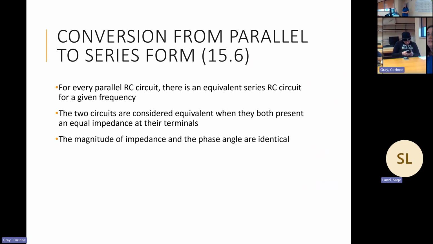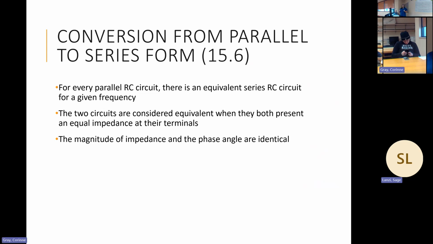With doing this, there are some steps we'd have to go through. If we wanted to convert from parallel to series, it is more complicated than just using Ohm's law, like what we did with a voltage and a current source. So for them to be considered equivalent, they both have to have the same impedance at the terminals. So the Z values at the terminals have to be the same for both.